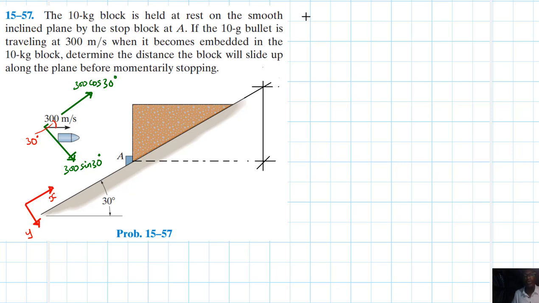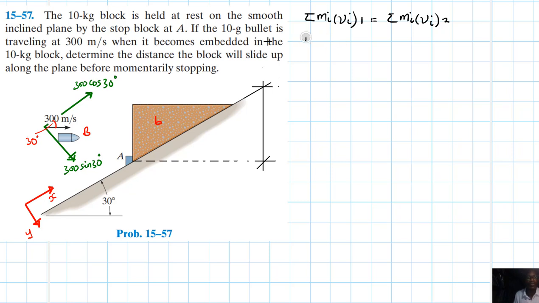So now we're going to use the principle of conservation of momentum: summation of m_i v_i in state 1 is equal to summation of m_i v_i in state 2. Let's call this b, and this one more b.